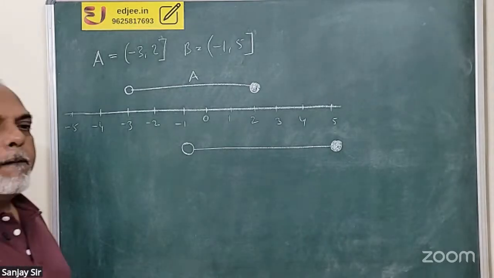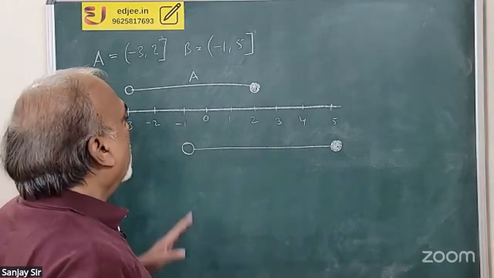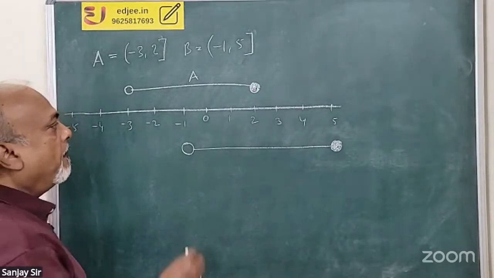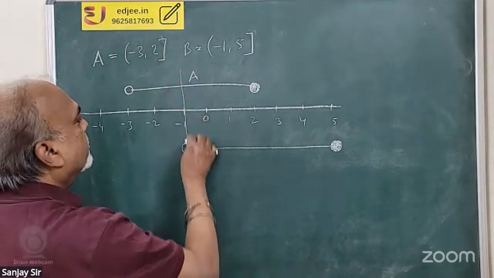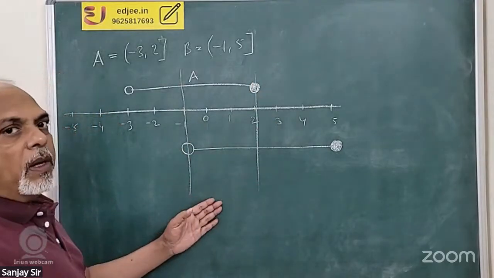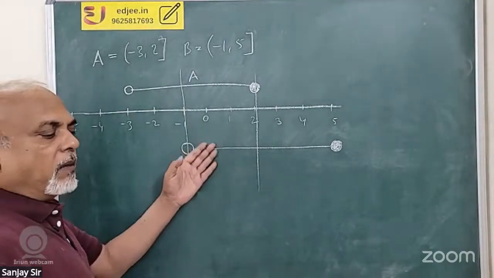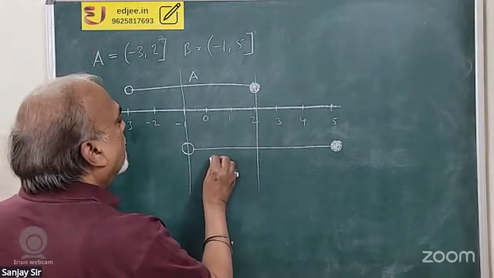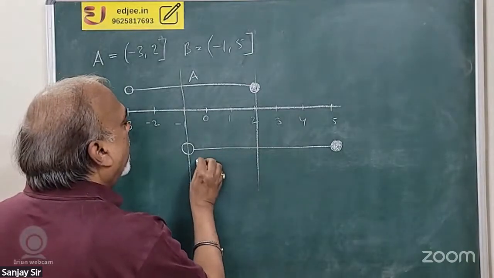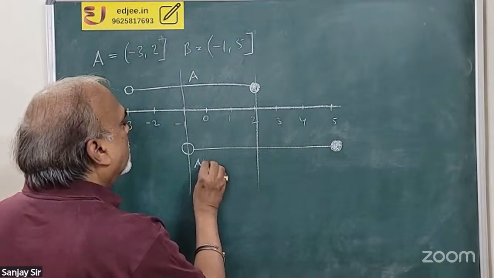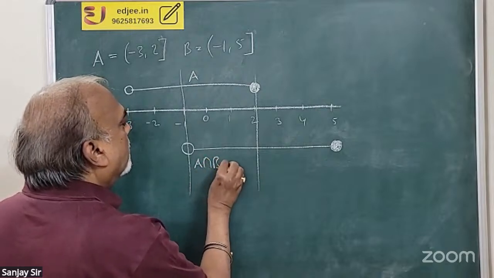Correct? Then what about this area? This is common between A and B. This interval is common between A and B. What is this basically? This is basically A intersection B.